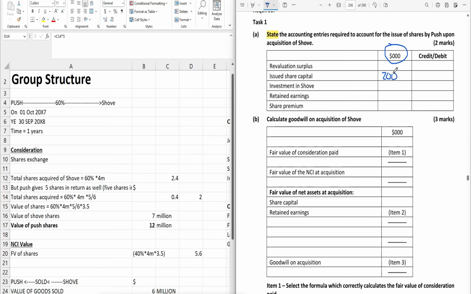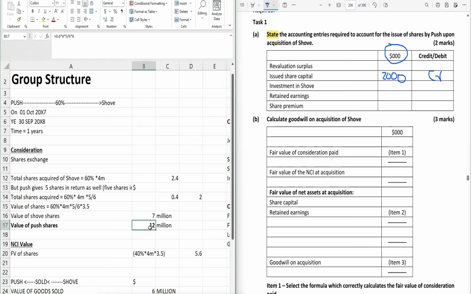And what do you think, will it be on the debit side or the credit side? Obviously, share capital is recorded on the credit side. Okay, so investment in the Soap. Do you think this account will be hit due to this transaction? Yes. And what is the value of investment in the Soap? It's the fair value of the consideration, which is 12 million.